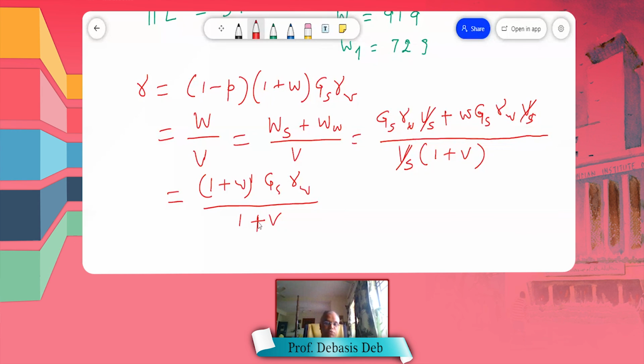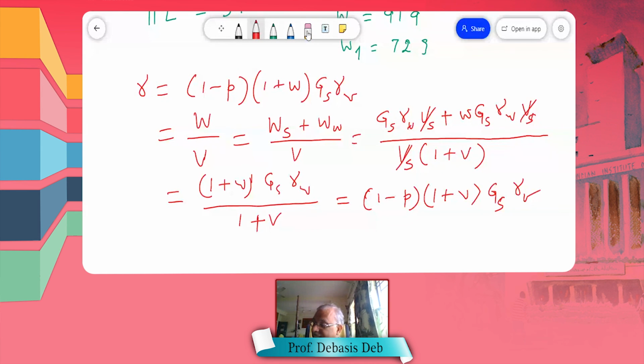And I have given you before a relationship between e and porosity, so 1 plus e is nothing but 1 over (1 minus porosity). So this is (1 minus porosity) times (1 plus w) GS gamma W. So this is the proof.